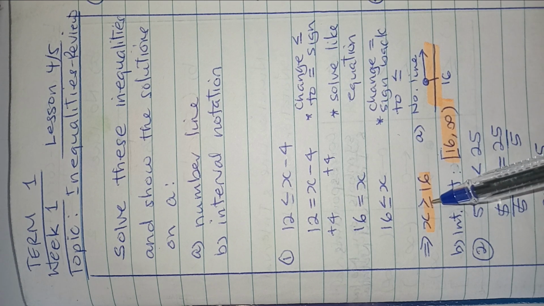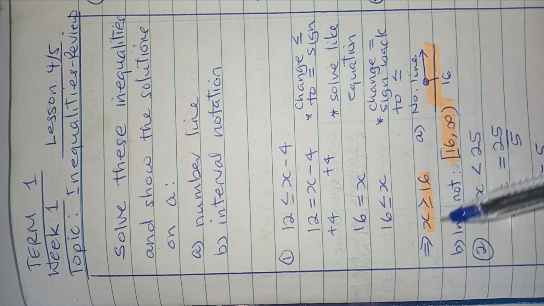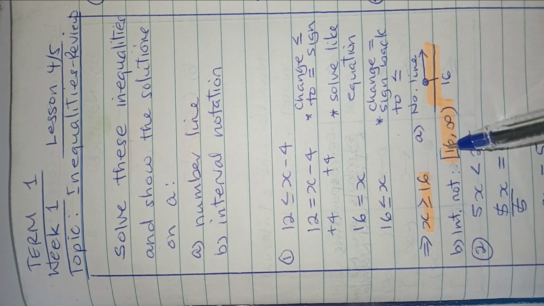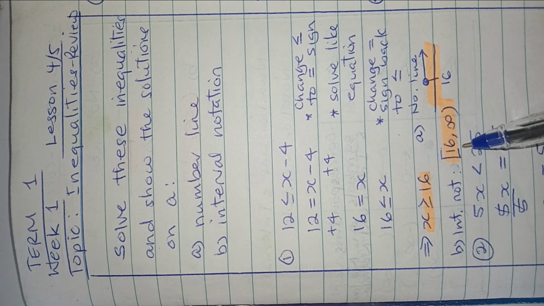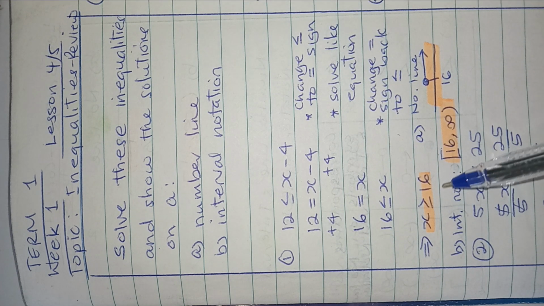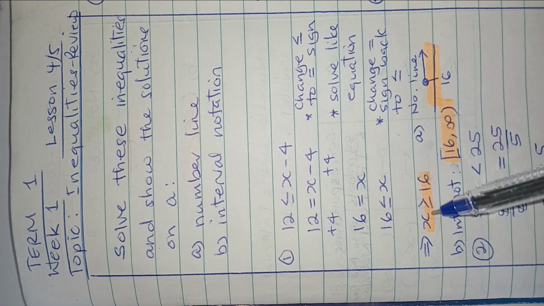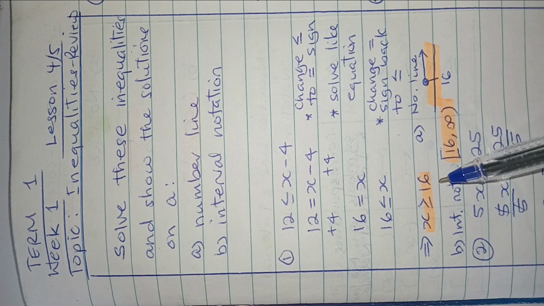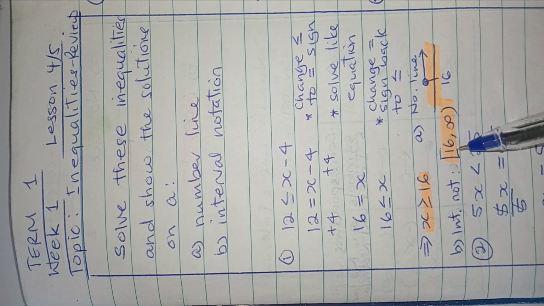In other words, if you look at the solution here and you see the presence of the equal to sign, then you use a square bracket. Since we have the equal to sign there, that means 16 is also part of the x values, so we use a square bracket.